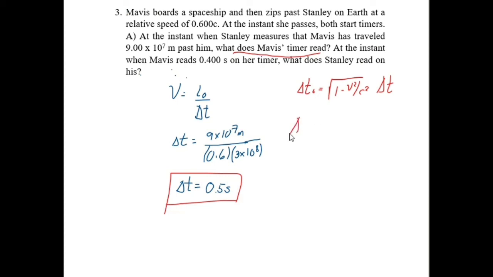Ang delta t naught natin is equal to the square root of 1 minus, ano yung velocity natin? That's 0.6c, squared, divided by c squared, multiplied yung time na na-measure ni Stanley, which is 0.5 seconds.